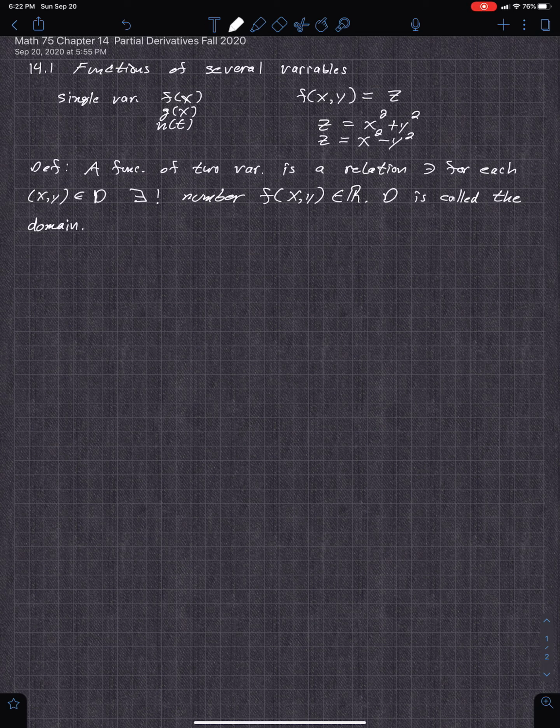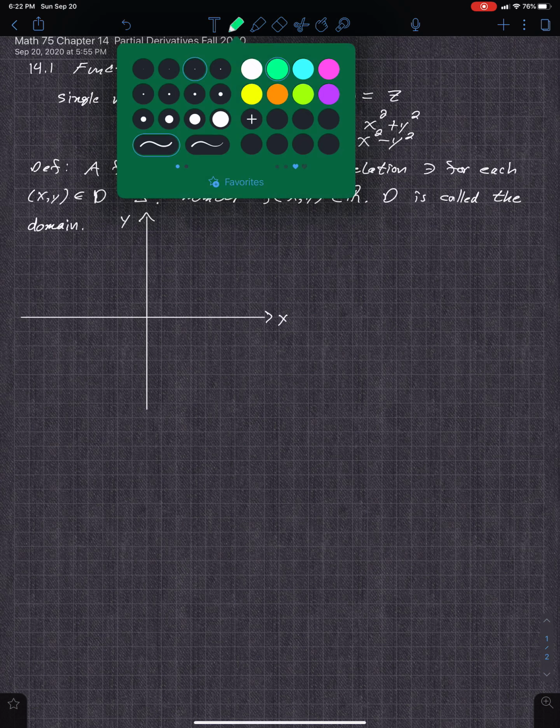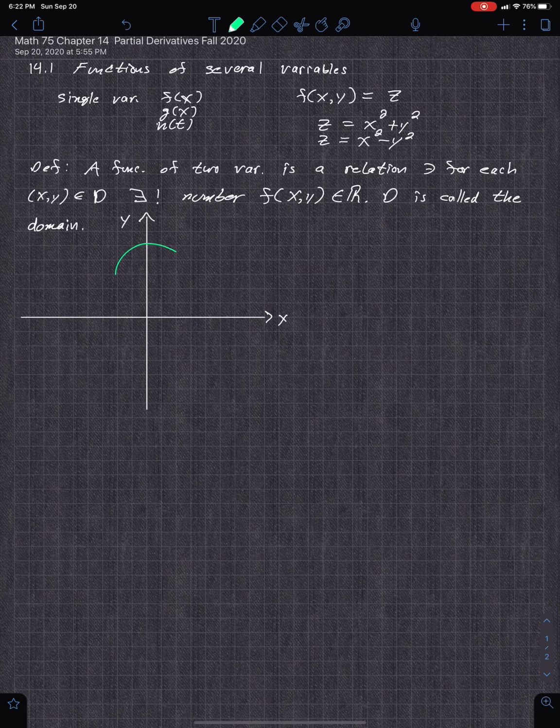So you've got to start thinking of this stuff as a map. It's a mapping from one set to another. So D is a region in the xy plane. If I write just our typical xy plane here, this is x and this is y, then D is some region here.